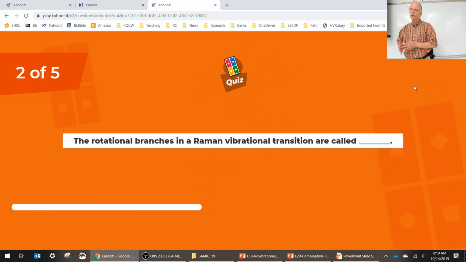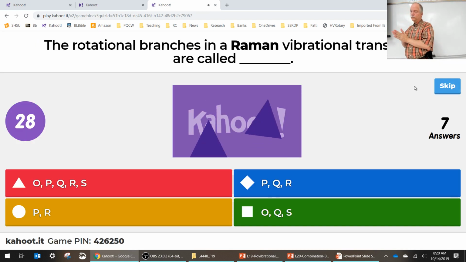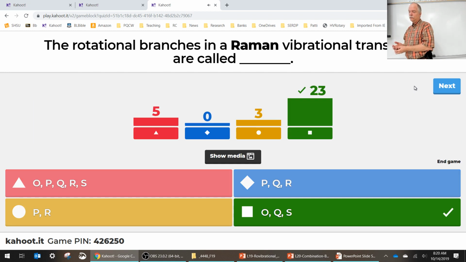Okay, what about the rotational branches in a Raman vibrational transition? Very good, O, Q, and S.